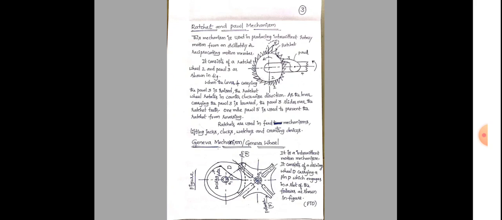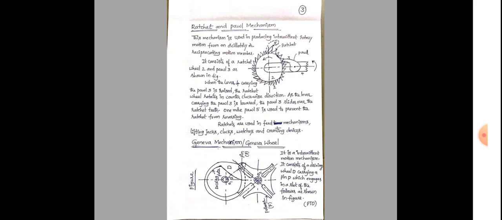When the lever, that is link 4, carrying the pawl 3 is raised, the ratchet wheel rotates in the counterclockwise direction. As the lever carrying the pawl 3 is lowered, the pawl 3 slides over the ratchet teeth.